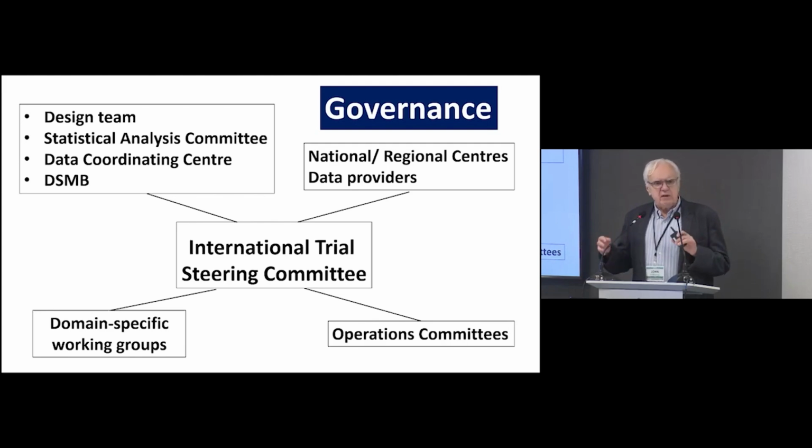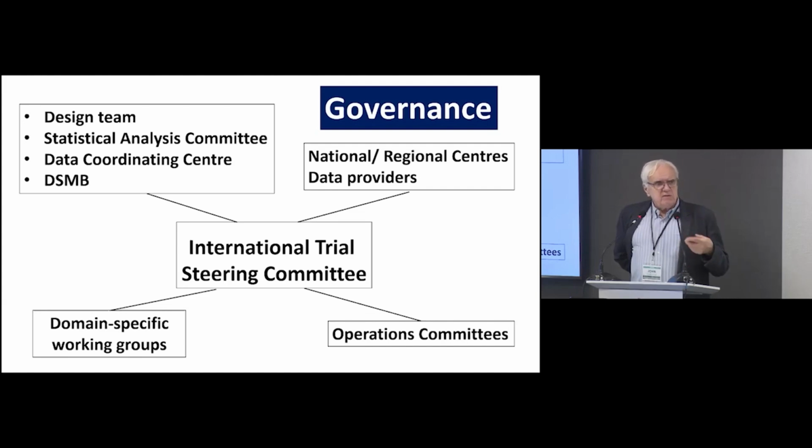I think we had 7 at one time, based in multiple different regions, and they all went to a central data coordinating center and a data safety monitoring board. There are national regional centers and national regional appendixes. So Canada is one particular center, with multiple data providers. We have domain-specific working groups.